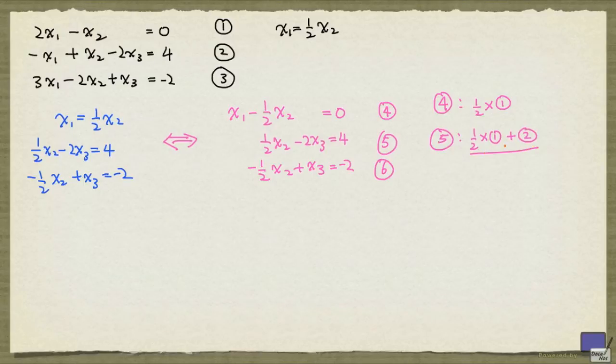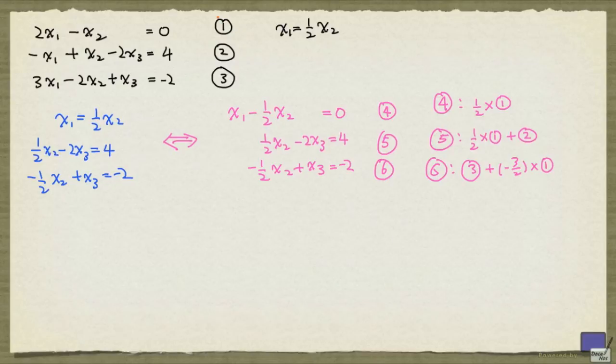So this notation means here, you take 1/2 the left-hand side of 1 and add to the left-hand side of 2. And for the right-hand side, you take 1/2 the right-hand side of 1 and add it to the right-hand side of 2. And similarly, we can write 6 as 3 plus minus 3/2 times 1.